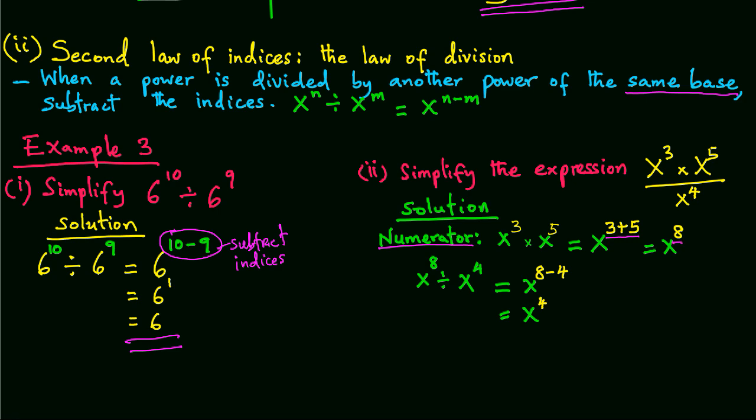Now x power 8 divided by x power 4, using the second law, we subtract the indices, and that would give us x power 8 minus 4. That would be x power 4.